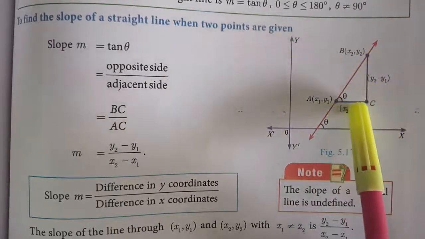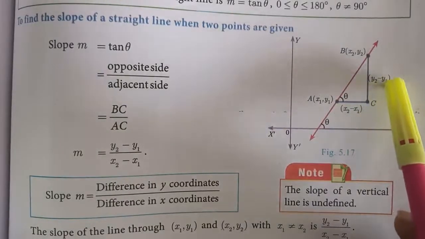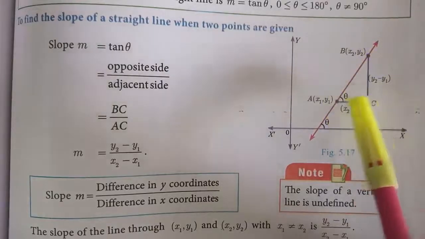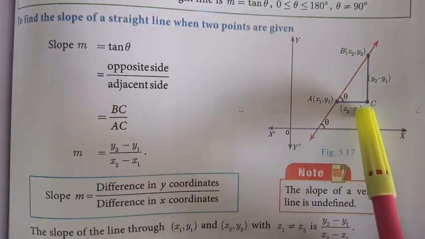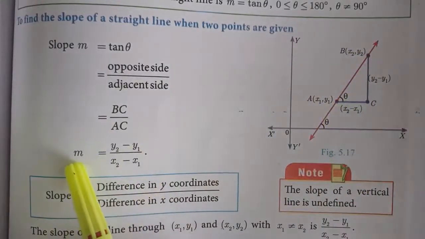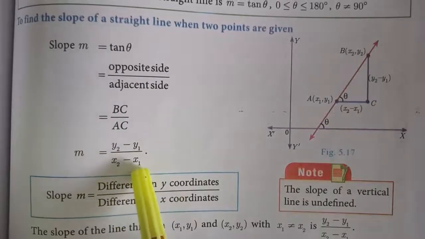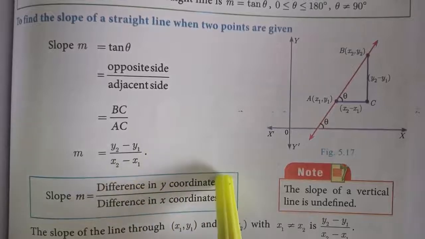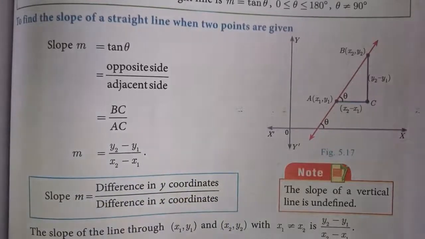BC divided by AC is nothing but y2 minus y1, because this is the y coordinate y2 minus y1, and from A to C is x2 minus x1. So the slope m is equal to y2 minus y1 divided by x2 minus x1. That is, m is equal to difference in y coordinates divided by difference in x coordinates.